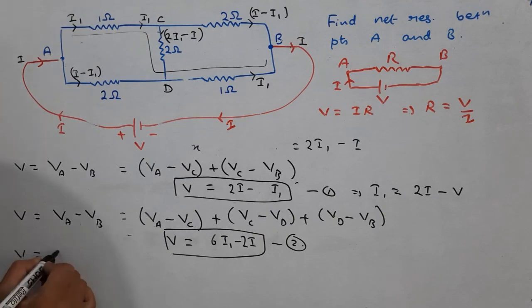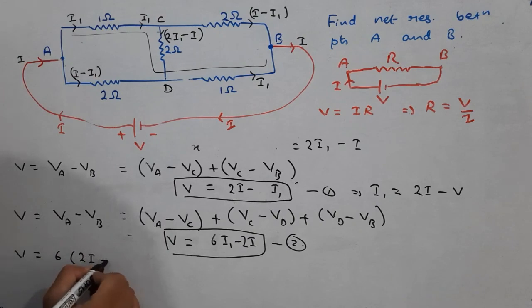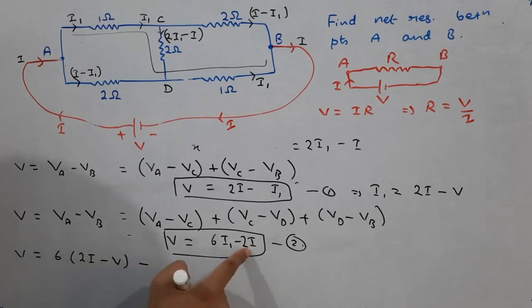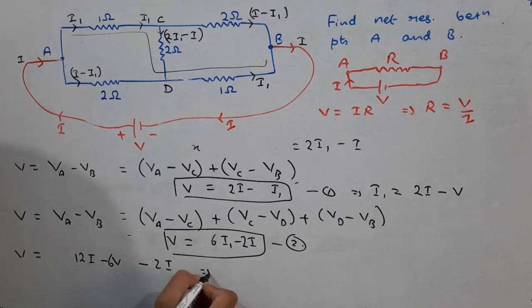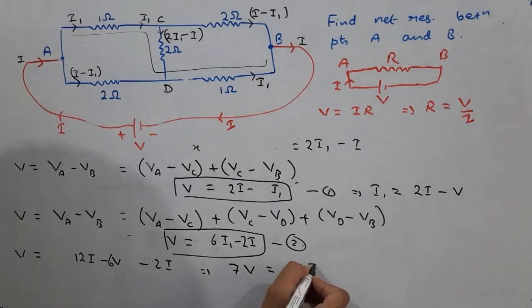V is equal to 6 times I1. I1 will write as 2I minus V, and then minus 2I. So 6 into 2, it will become 12, and this will become 6V. Minus 6V will go that side, so it becomes 7V, and 12I minus 2I becomes 10I.